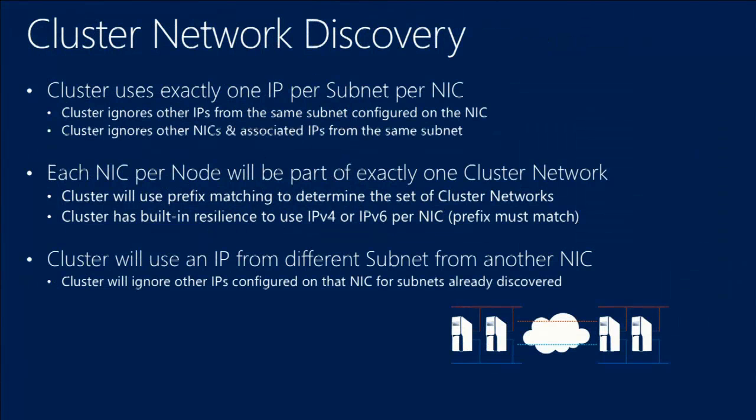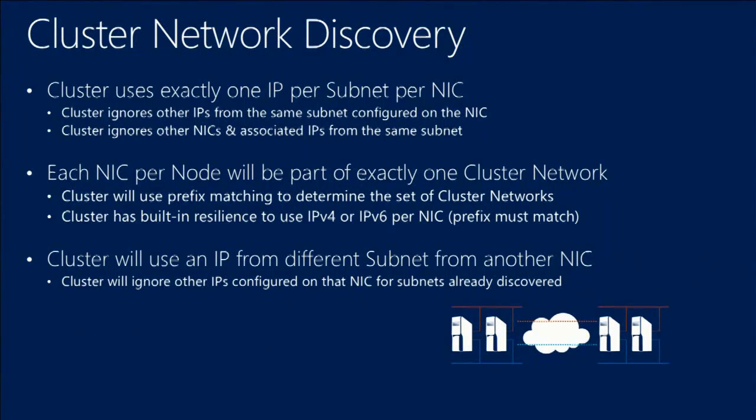So just a quick note in terms of how cluster identifies these different networks. So let's say I have two NICs that are on the same subnet. Cluster topology manager enumerates these lists of NICs. It enumerates list of IP addresses.